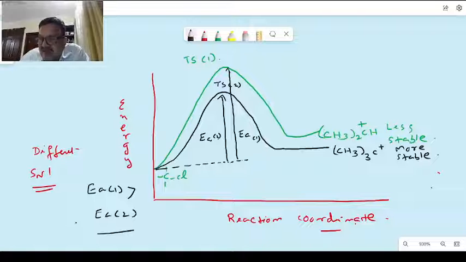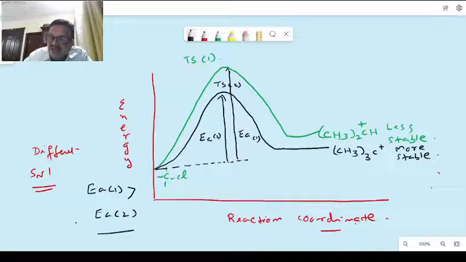That is, EA2 is lower compared to EA1. So reaction 2 is faster than reaction 1 because the transition state forming the more stable tertiary carbocation is lower in energy here. This is our Hammond's postulate.